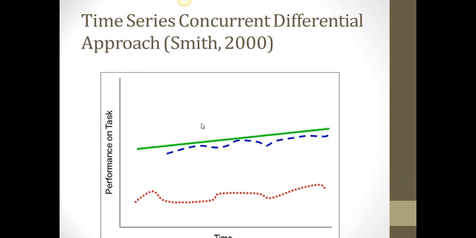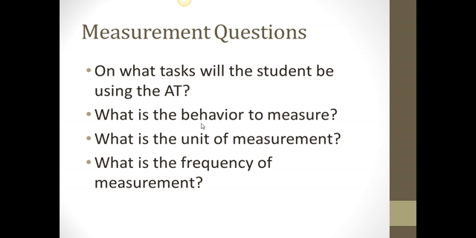And it's a lot of words to basically say that we are going to measure a student's performance for a particular task using assistive technology and not using assistive technology, and then we're going to compare those two sets of data. Those two sets of data will then tell us different pieces of information about whether or not the assistive technology is effective.